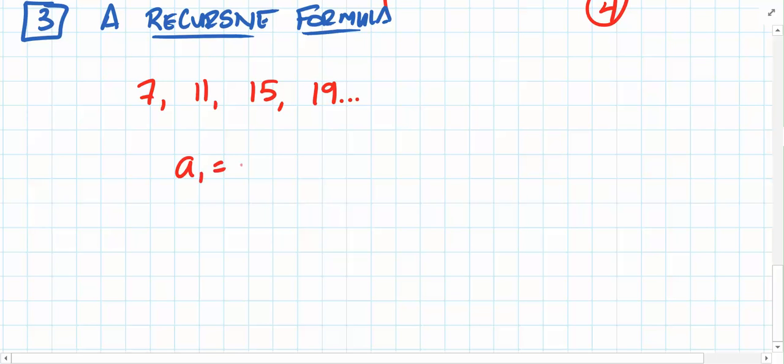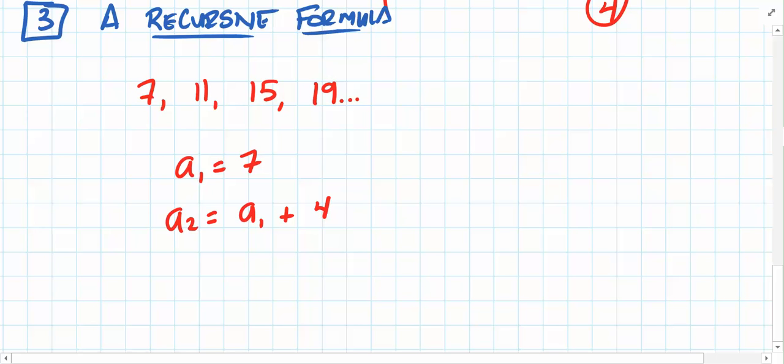You guys know that part too? Okay, that's the first term. What would the next term be? A sub 2 would have to be equal to what? Yeah, it's 11, right? So it's equal to a sub 1 plus what number? Plus 4. Very good. Because a sub 1 is a value of 7, which gives me that.